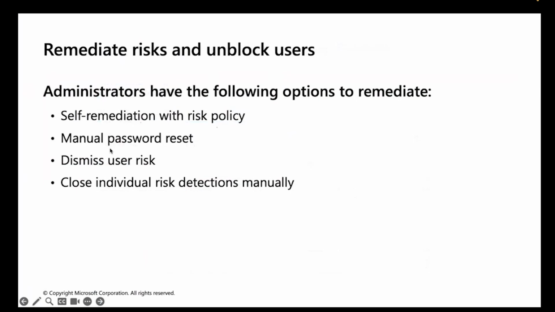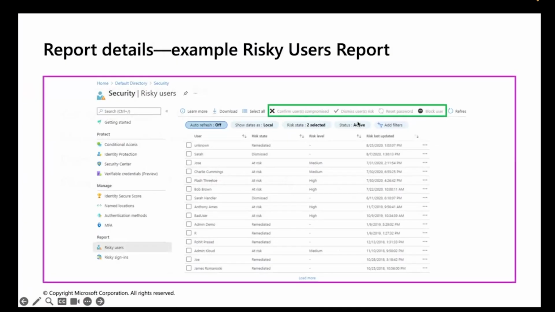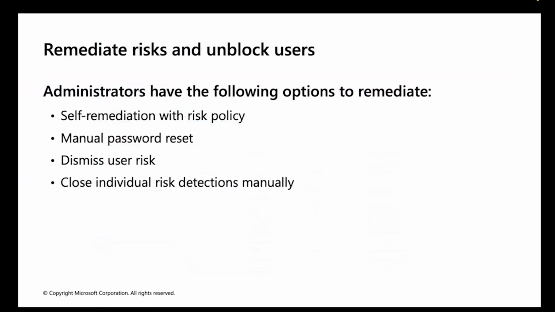Our admin can reset the password manually for the risky user, dismiss user risk, and close individual risk detections manually. There are different options you can use here: confirm user compromise, dismiss user risk, reset password, block user. So the admin can perform different activities to monitor the reports and act accordingly.